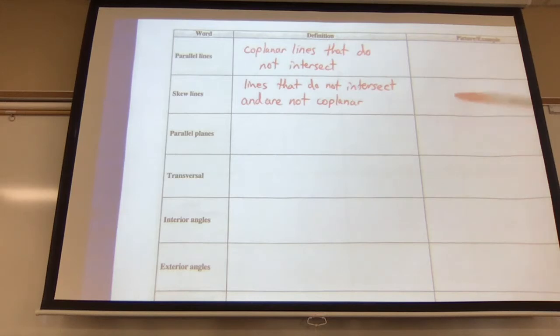And once again, for a picture, there's pictures in the book if you want to draw a picture of it. We're going to use the classroom to kind of describe this again. I'm going to take where the front wall meets the ceiling. Where the front wall meets the ceiling, you've got this line going from left to right. Okay, that line right there would be skew to the line in the back of the room where the back wall meets this right-hand wall. Behind my desk there, you've got that line that's going up and down. Okay, those two right there, one's going up and down, one's going left and right. They're not on the same plane and they don't intersect with each other.